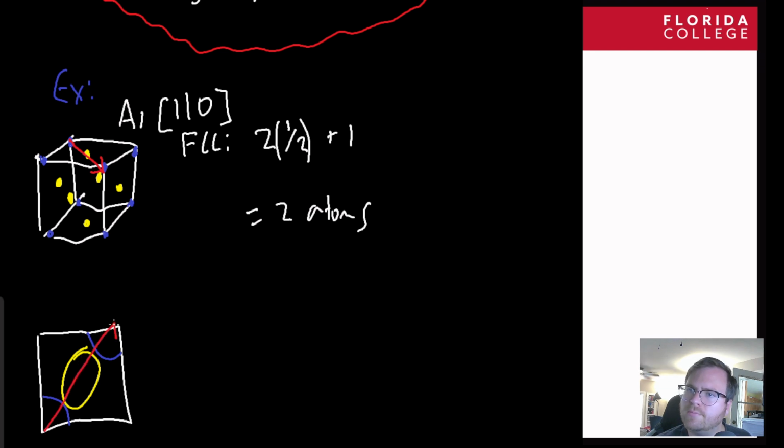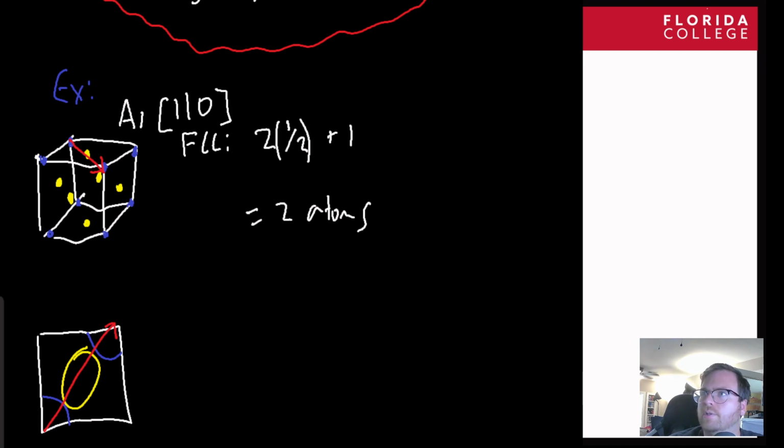Kind of like that. There we go. And so we're getting a little bit of how much of the atom, in terms of a one-dimensional function, is actually present in the line. In this case, we've got 2 half atoms here and here, and 1 full atom in the center, okay?